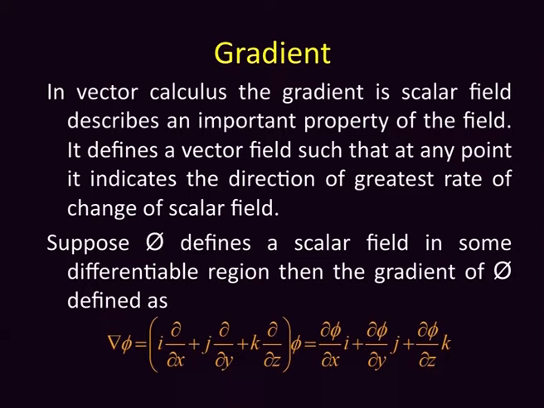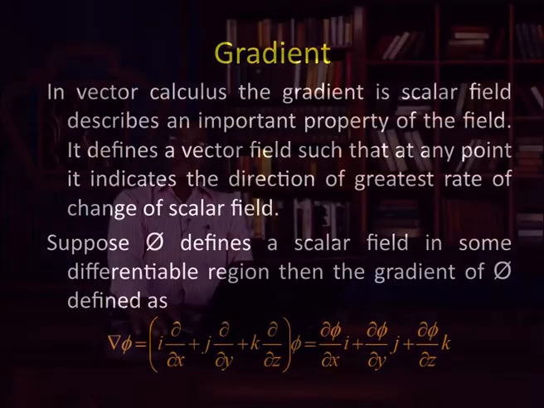Suppose phi defines a scalar field in some differentiable region, then the gradient of phi is defined as del phi, that is equal to i del over del x plus j del over del y plus k del over del z operated on phi, that is equal to del phi over del x i plus del phi over del y j plus del phi over del z k, that is the sum of the partial derivatives of phi with respect to x, y and z in the direction of x, y and z axes.